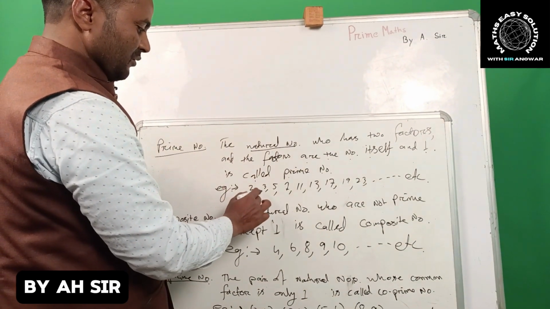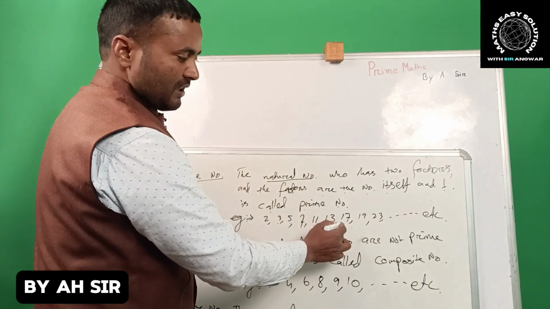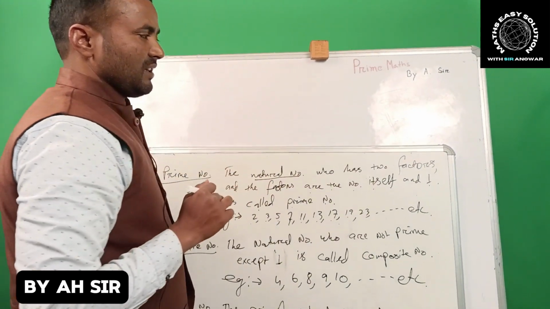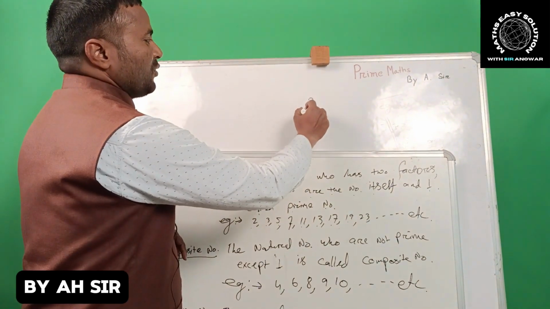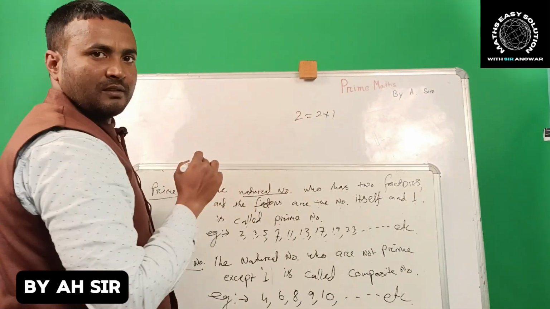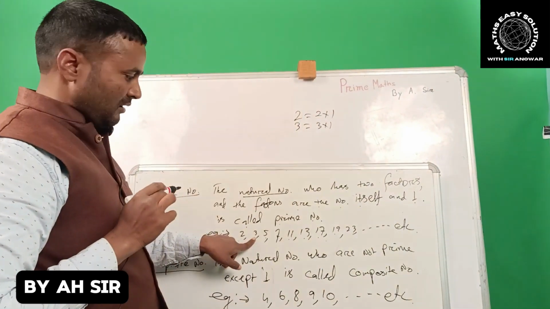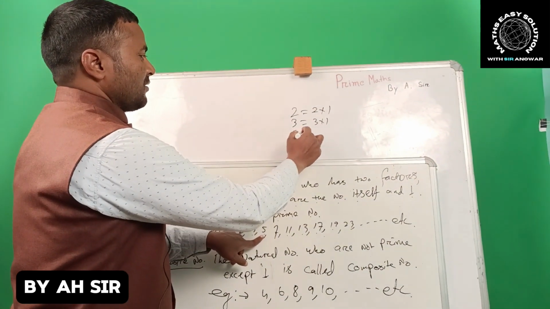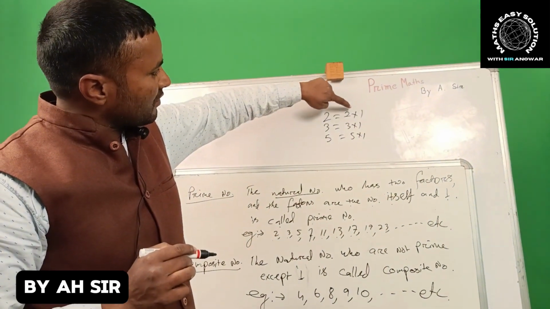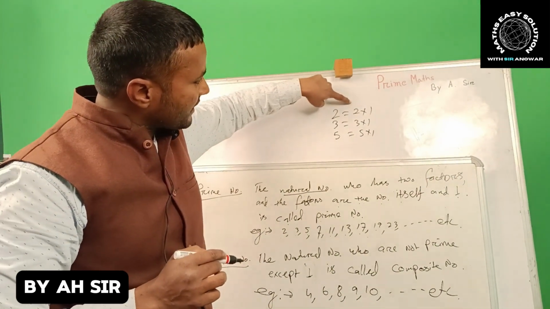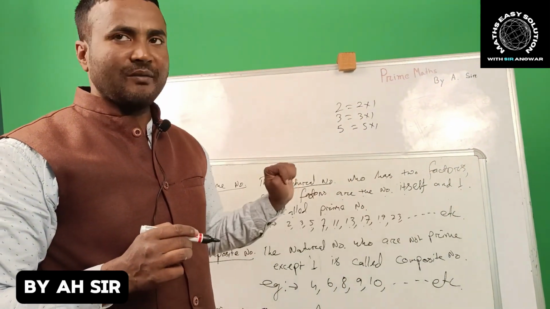Example: 2, 3, 5, 7, 11, 13, 17, 19, 23, etc. If I take one example from here, you see 2 equals 2 into 1, 3 equals 3 into 1, 5 equals 5 into 1. So all these numbers have two factors, the number itself and 1. This is why these are called prime numbers.